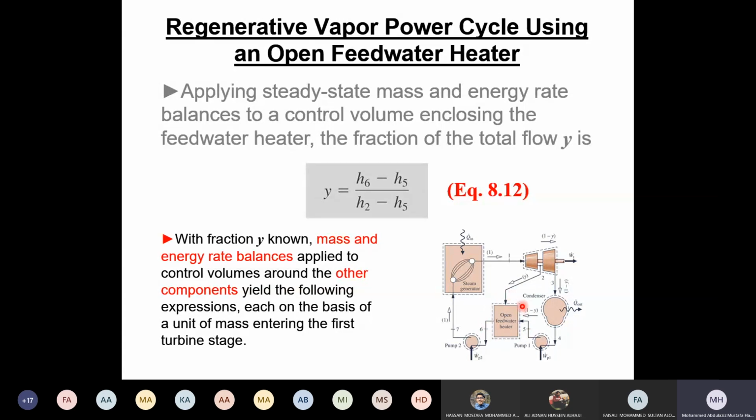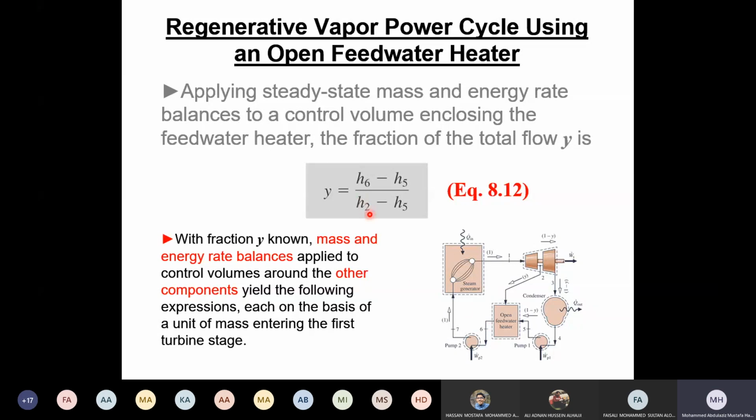Let us do this analysis again. Remember here, sigma mihi in will be equal to sigma mihi out because we are assuming this is adiabatic. Sigma mihi is y multiplied by h2 plus 1 minus y multiplied by h5, which will be equal to 1 multiplied by h6. Okay, you understand this analysis here.